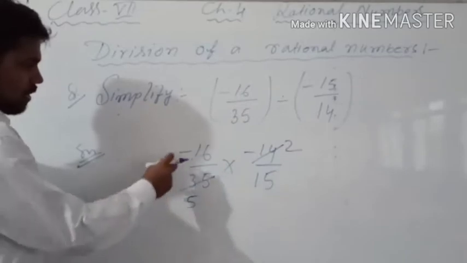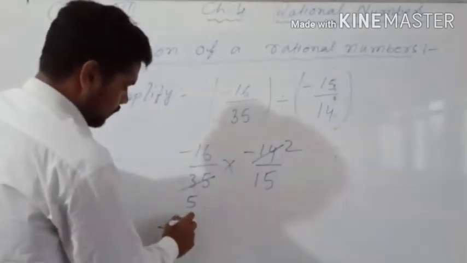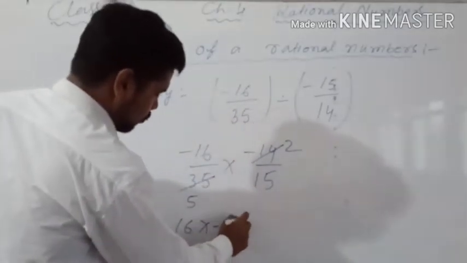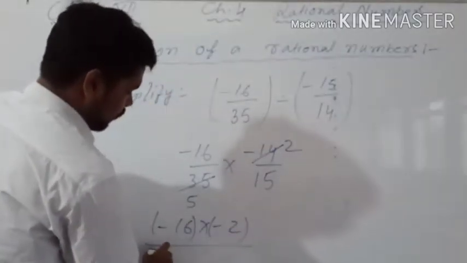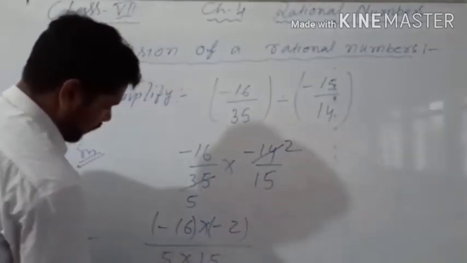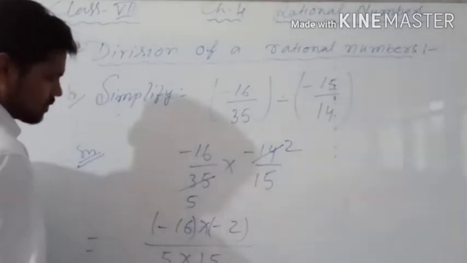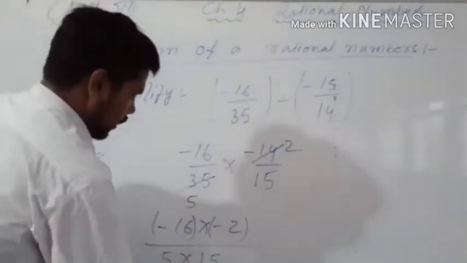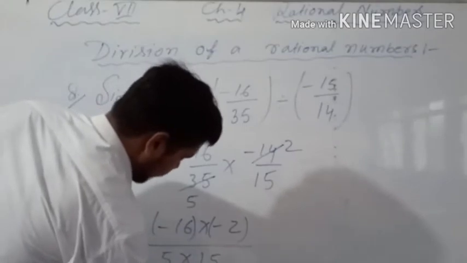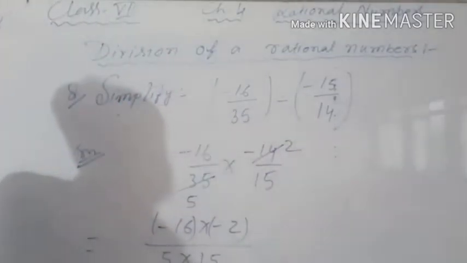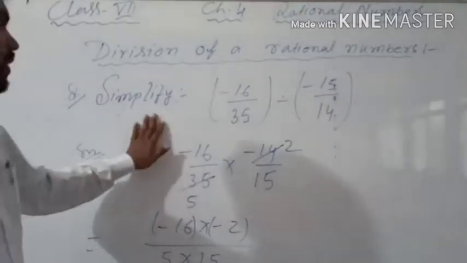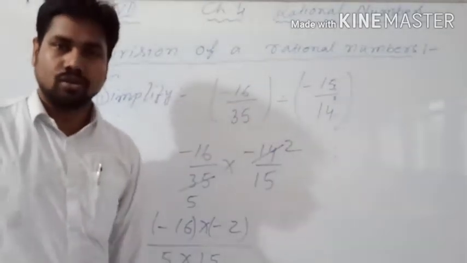So it will come as minus 16 multiplied by minus 2, divided by 5 multiplied by 15. Minus minus is plus, so 16 times 2 is 32. So 32 divided by 75 will be the required answer of this question. This is how you can simplify all the questions of question number 2.